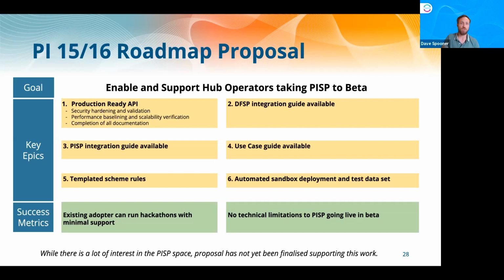Of course, we need to include templated scheme rules so that people can actually get this up and running easily, and an automated sandbox deployment with test data so that you can check that this is all working for you. And again, our key metrics for this would be making sure that existing adopters can actually run their own hackathons with minimal support, and that there are no technical limitations to PISP going live in beta with a hub operator.